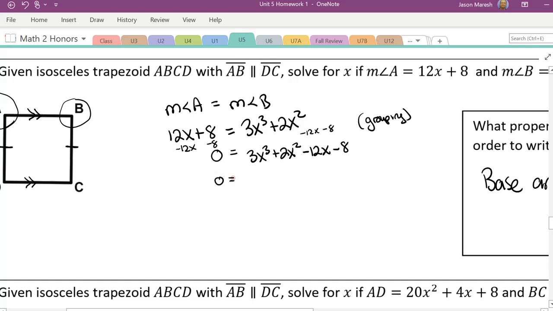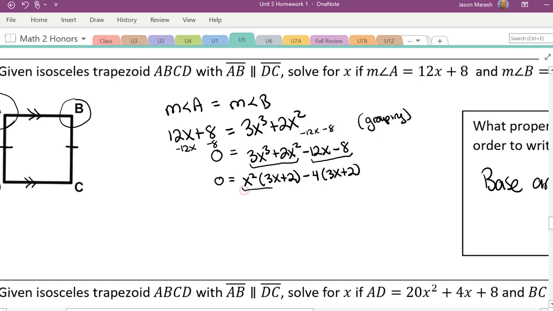And so 0 is going to equal, I'm going to factor out an x squared, and I'm left with 3x plus 2 minus, I'm going to factor out a 4, I'm left with 3x plus 2 again.